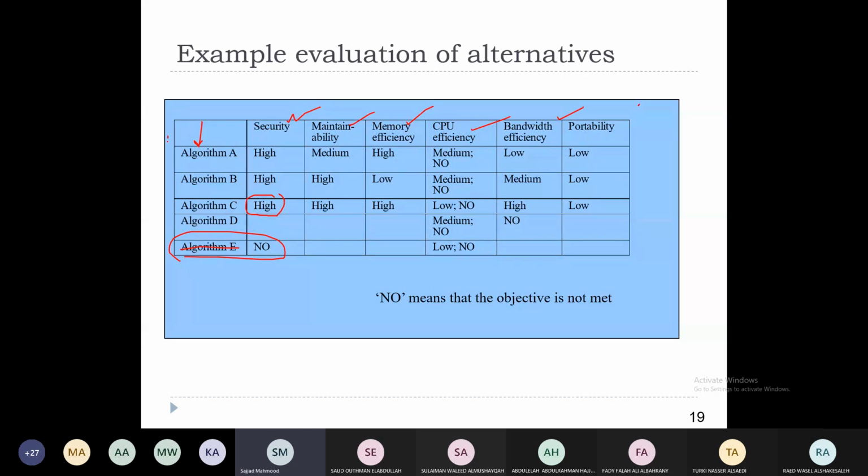But first, we have to build this culture that I have to think about these decisions, and second, with experience, you will learn that algorithm C is high or algorithm E does not do it, because you have a clear understanding of algorithm E and you have a clear understanding of algorithm C. But something like this is a good, simple mechanism. Do this evaluation, look for alternatives, and then select the one which is the most appropriate for your application.